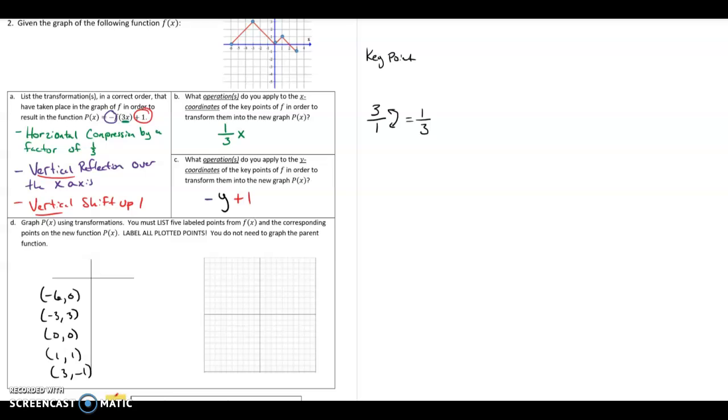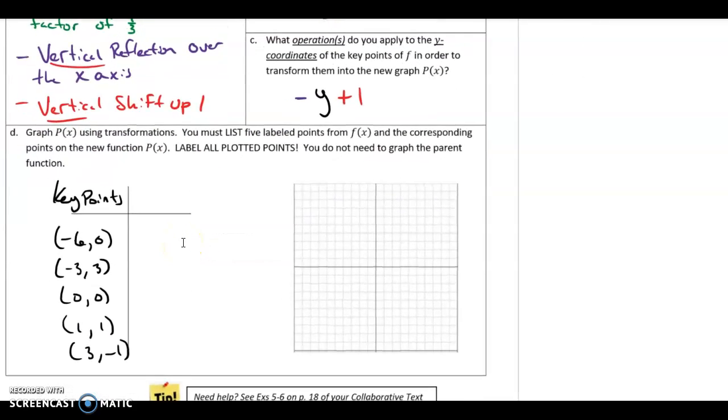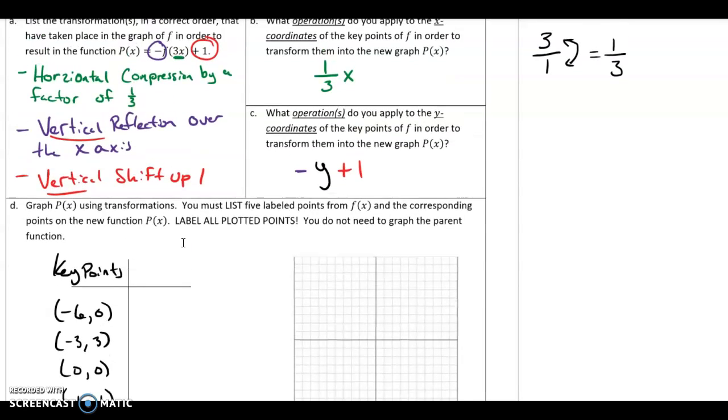Go ahead and double check: (-6, 0), (-3, 3), (0, 0), (1, 1), and (3, -1). All right, and I will label those as our key points. Now I'm going to zoom back in real quick so we have a better sense. So what we're going to do is multiply our x values by 1/3, and then we're going to take our y's and make them negative, and then add 1. Okay.